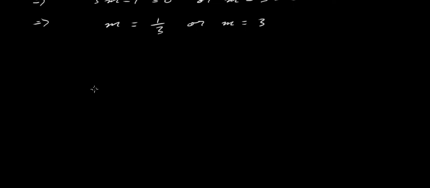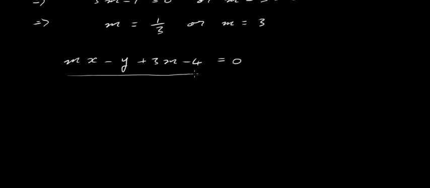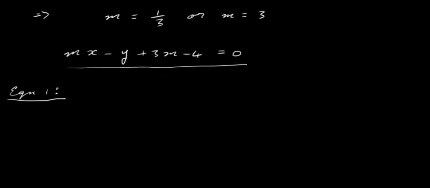Our equation was mx minus y plus 3m minus 4 is equal to 0. Let's put our values in. Equation 1 is m, which is 1/3, x minus y plus 3 times 1/3 minus 4 equal to 0.